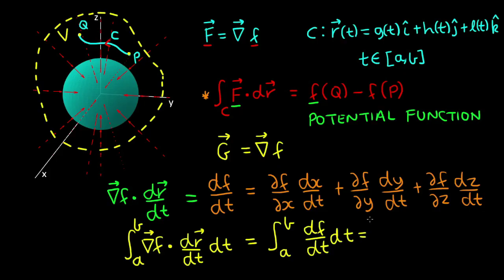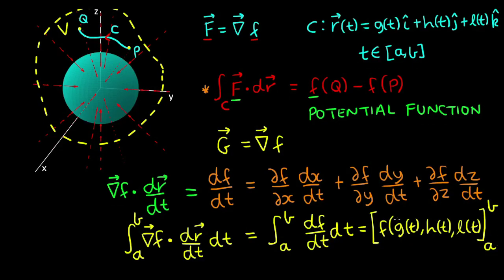So this evaluates to the functions g of t, h of t, and L of t, the functions that parameterize the curve, evaluated at t equals a and t equals b.